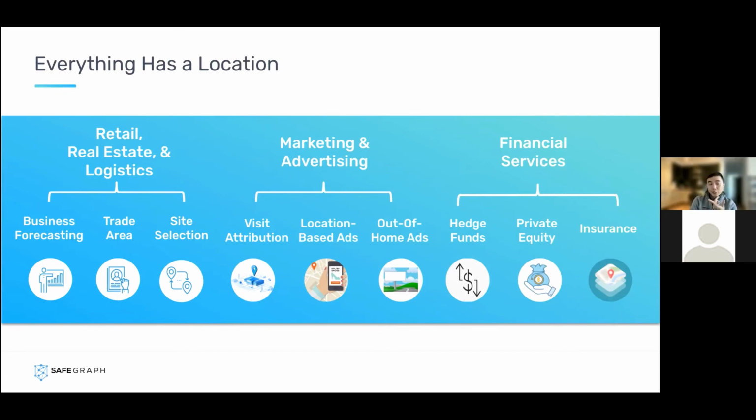Okay, so then the last application we've seen more broadly is with financial services. So you can imagine once we're tracking foot traffic to different types of stores and different types of brands, there's a lot of really interesting insights that can be gleaned in the financial services space, whether it's investors in specific companies, thinking about where are they growing and expanding, how much is their foot traffic changing, what are their strategies, are they working, are they not, and then of course people who make plays on the market, and also the insurance sector.